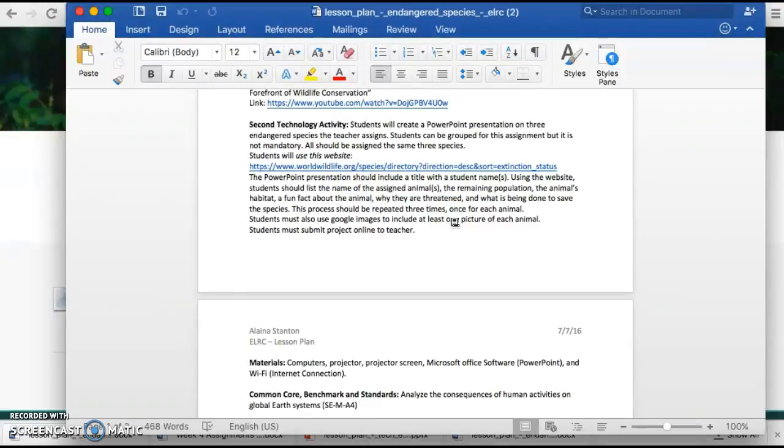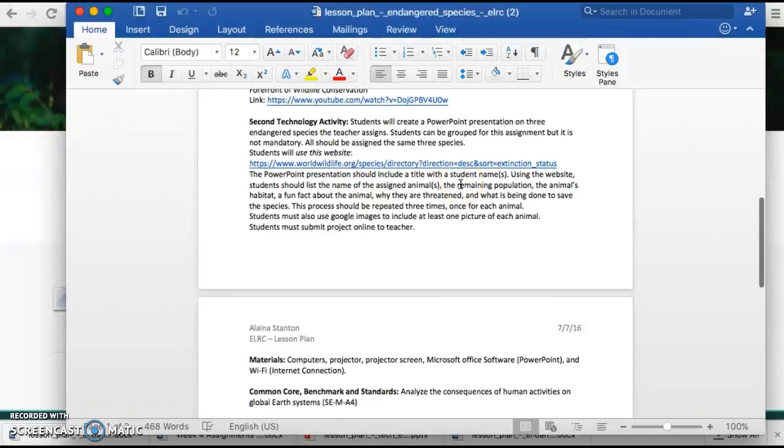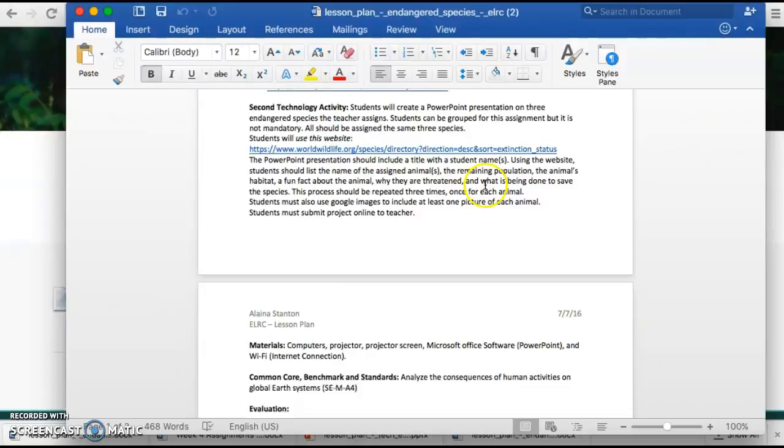Students can be put into groups for the assignment, but it's not really mandatory. Basically, students are just going on this website, pulling basic information, and organizing it into PowerPoint fashion.